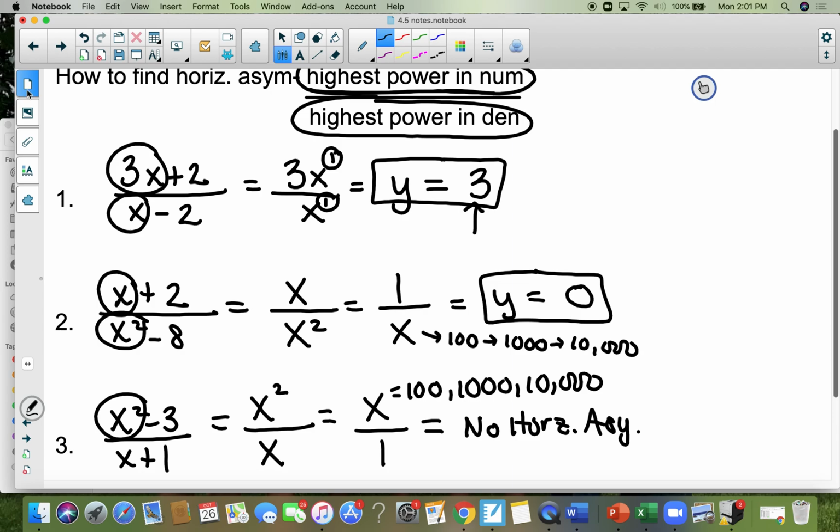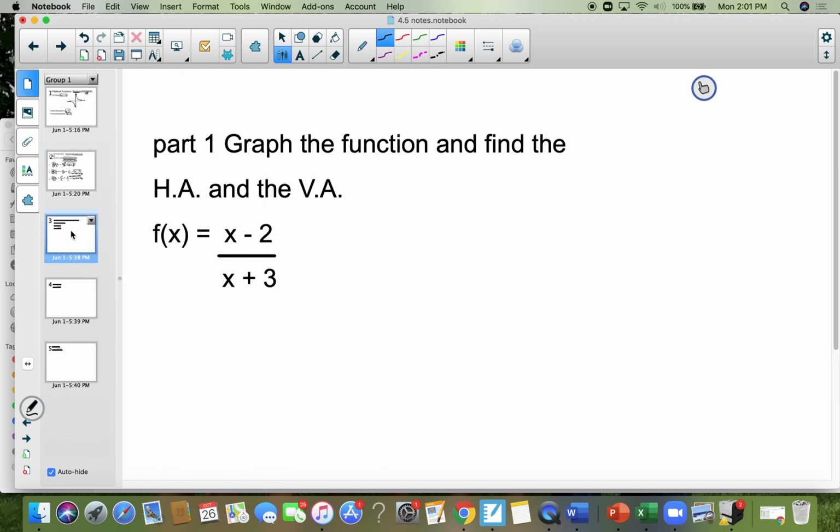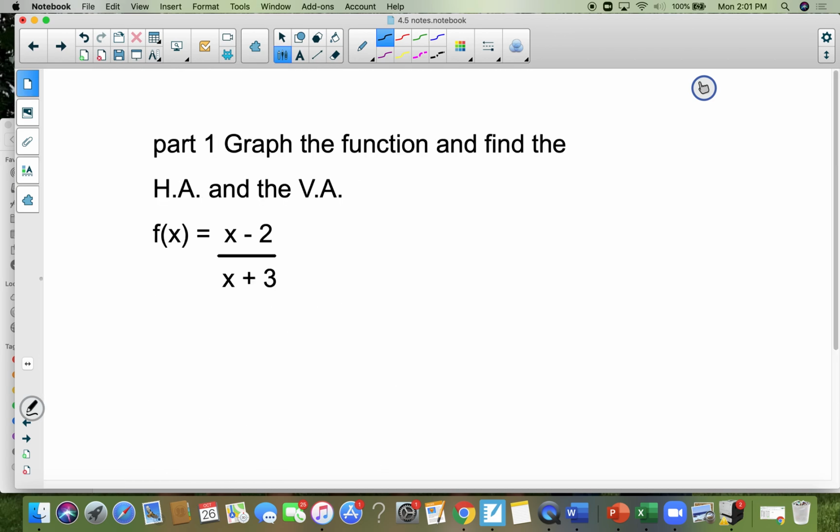So here we go. Let's do a few examples. It looks like we're going to do 3 examples, so you'll catch on. Graph the function and find the horizontal asymptote and the vertical asymptote. And you're going to use your decimals to also help you graph it.